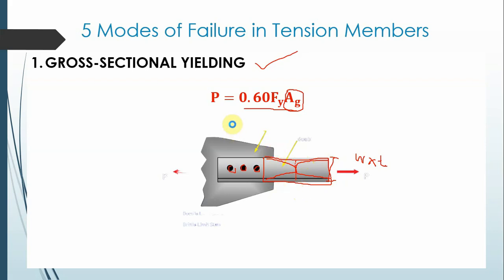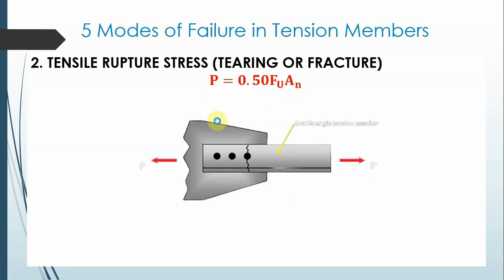Second is the tensile rupture stress, the tearing or fracture. The available or safe tensile force is equal to 0.50 F sub U times A sub N. F sub U here is our ultimate tensile strength, and A sub N refers to the net area.